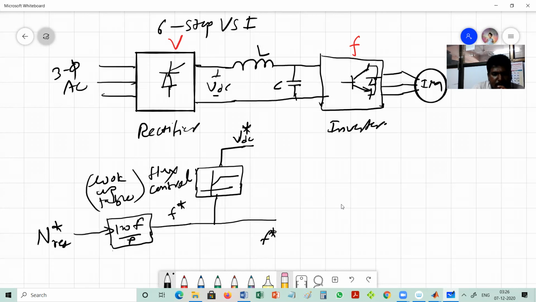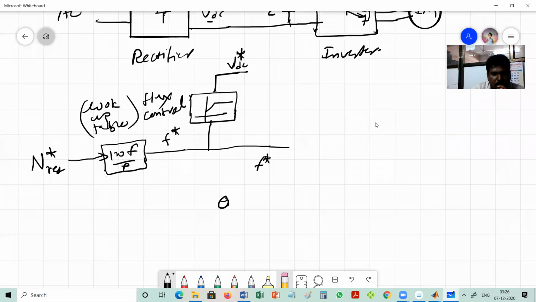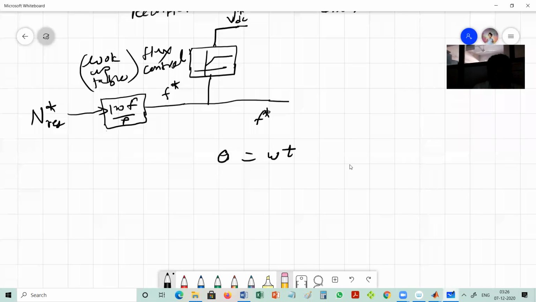This F star can be converted into theta, because we know that theta is equal to omega t, therefore d theta is equal to omega dt. Therefore omega is equal to d theta by dt.